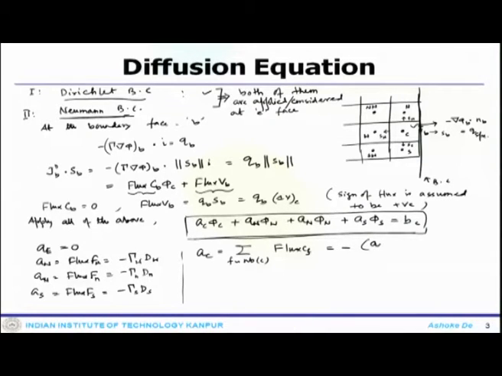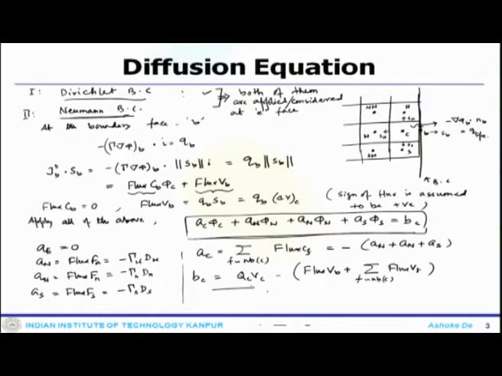Essentially that becomes A W plus A N plus A S. And the difference would appear in the source term, B C, which is now Q C B C minus flux B B plus the summation over the faces of flux B F. This is the difference that would appear for the Dirichlet and Neumann boundary conditions.